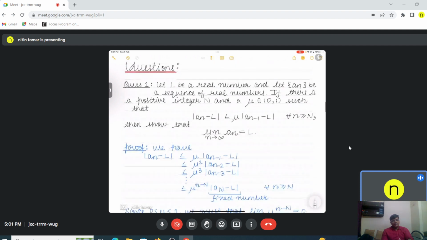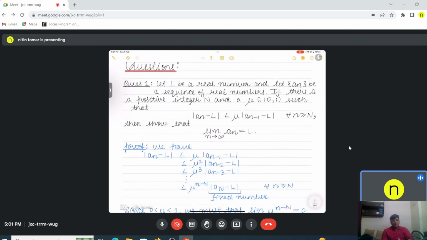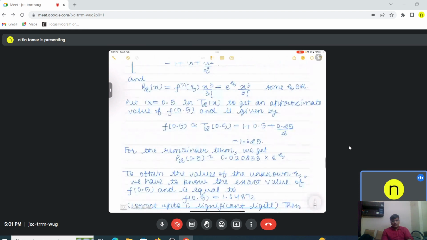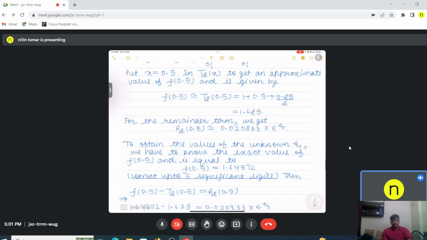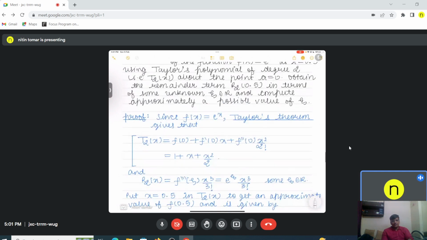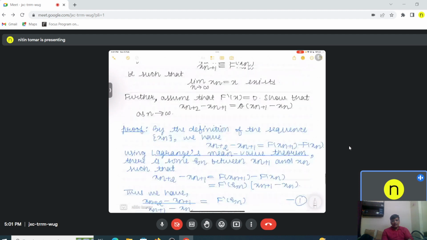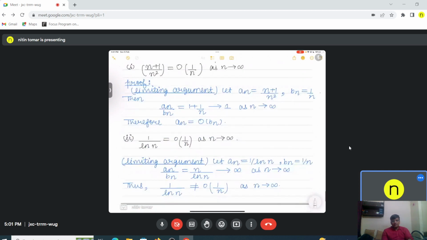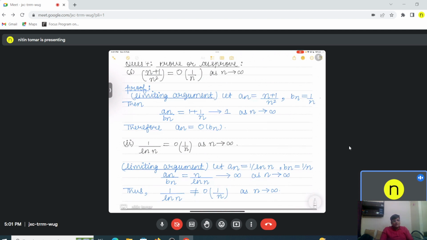Then we moved to the questions. Almost half of the questions were based on the location of roots theorem. Then we saw one question on Taylor's theorem, and after that the question on small o and capital O. Again, there are many students who have confusion about the small o and capital O definition.